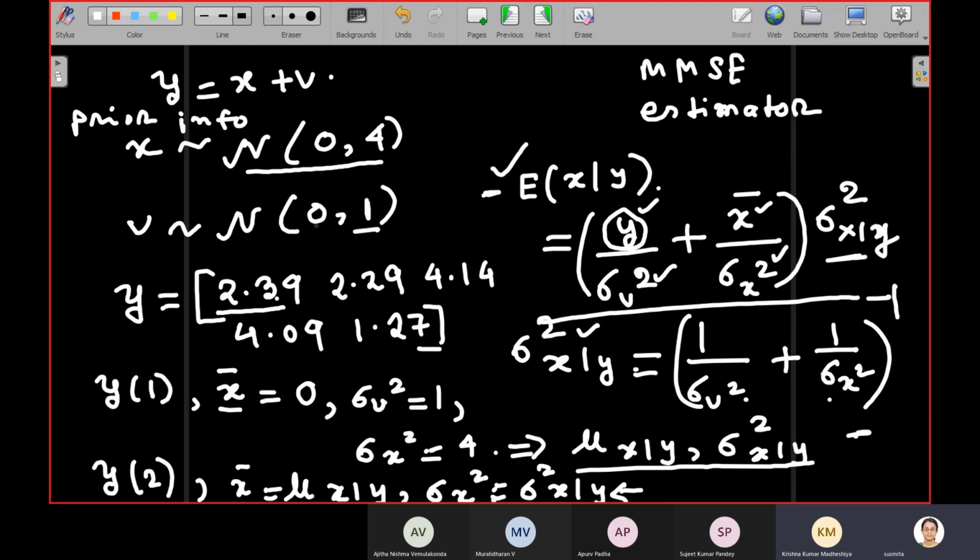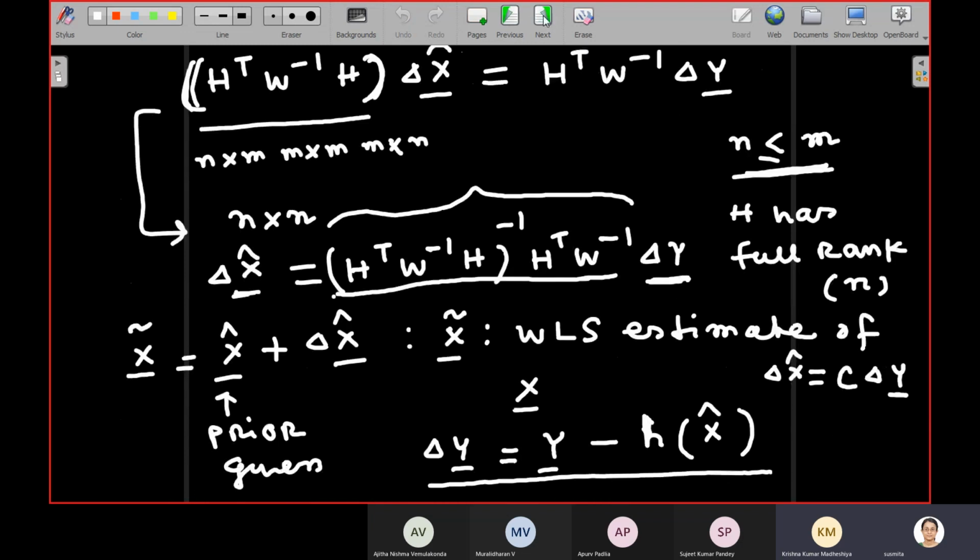We have been given v. So in this particular case, we need to find W, right? We need to find H, and we have been given 5 measurements. Right, and this is a linear problem. We do not need to linearize anything because we have a linear equation here.